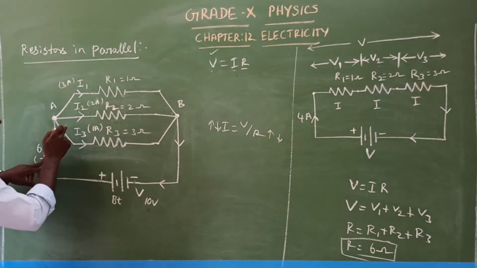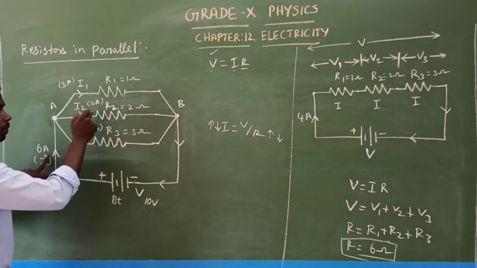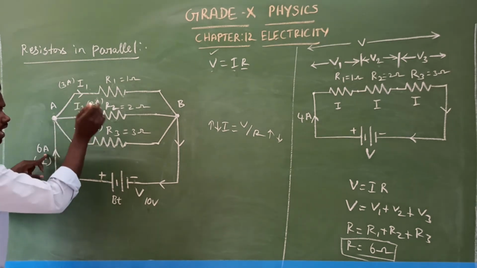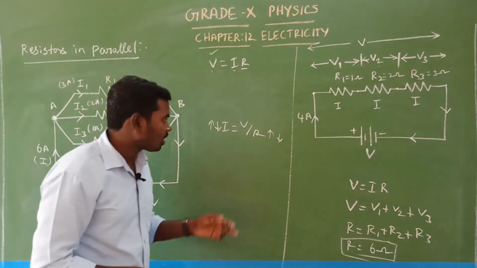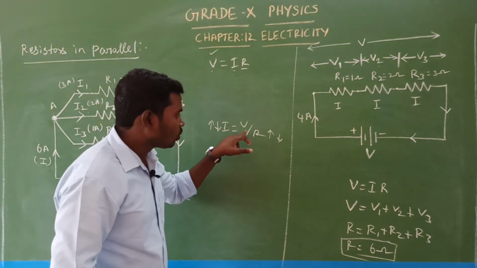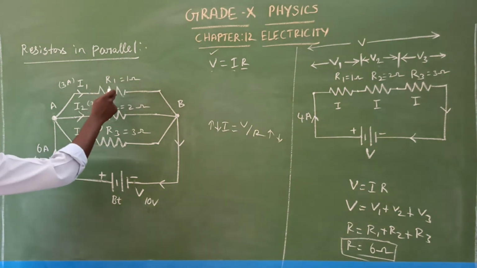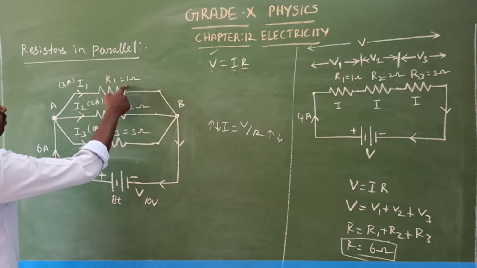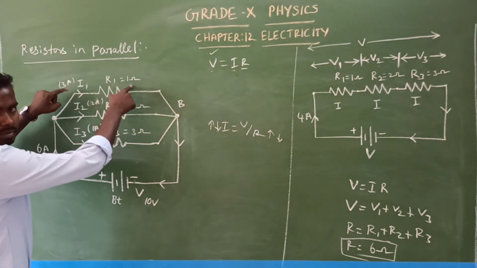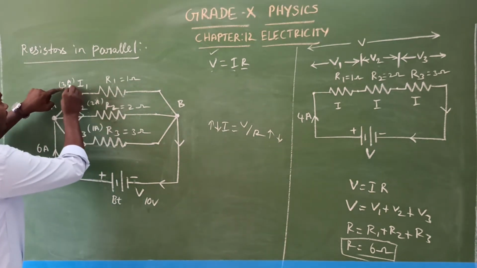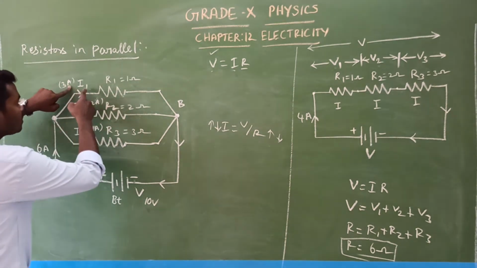Yes, look at here, there are 3 paths for current flowing, due to which current gets distributed according to Ohm's law, V equals IR, I equals V by R. Current is inversely proportional to resistance. If the resistance value increases, current will decrease. R1 resistance value is the minimum, so 3 ampere current is flowing across the resistor R1.